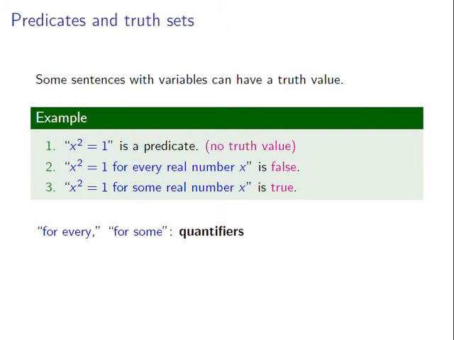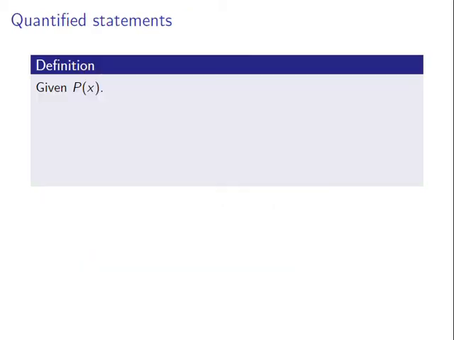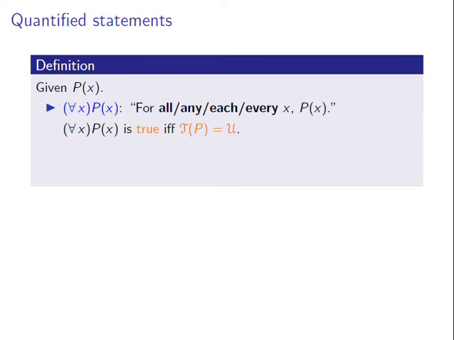The phrases for every and for some, which we attach to the variable in the predicate, are called quantifiers. A predicate, together with quantifiers for each variable in the predicate, is a proposition. Let P of x be a predicate. Attaching the quantifier for every produces the proposition for every x, P of x.